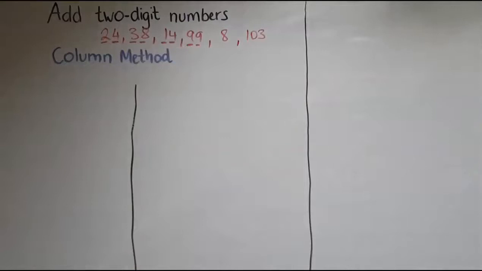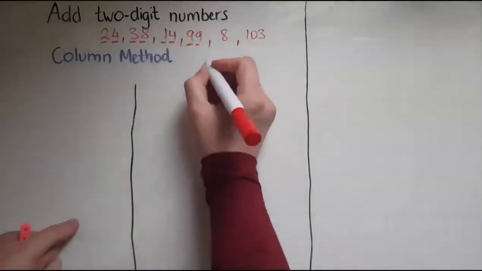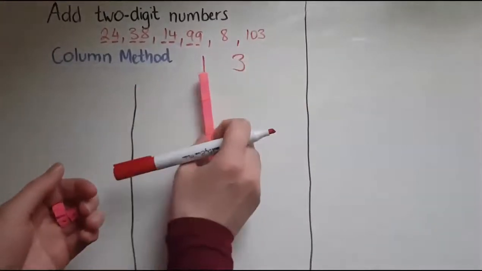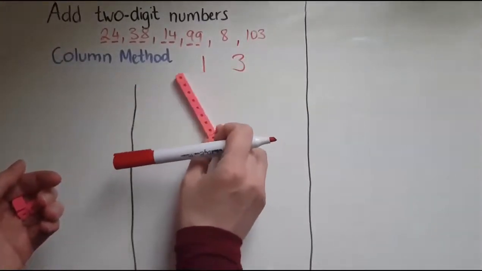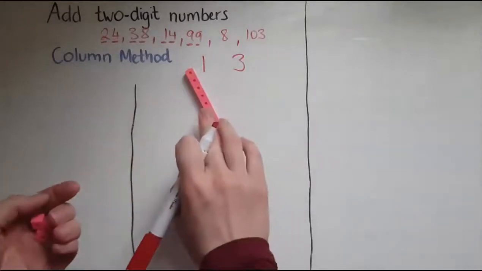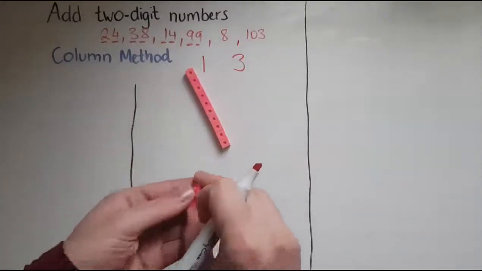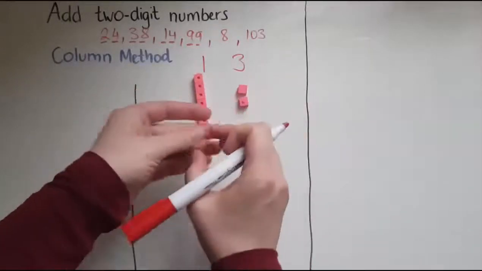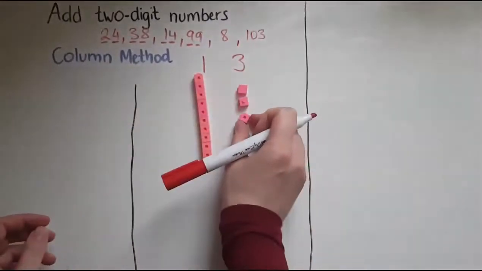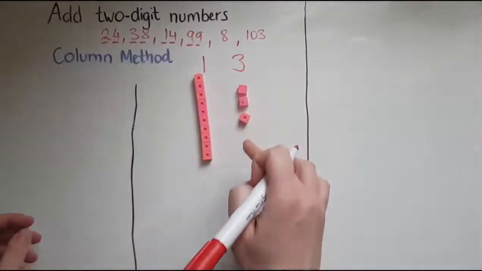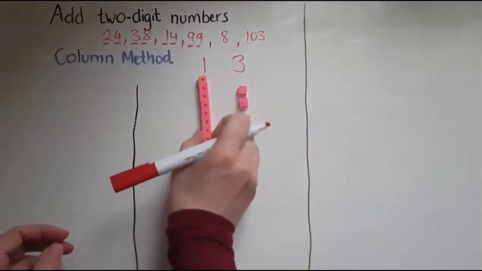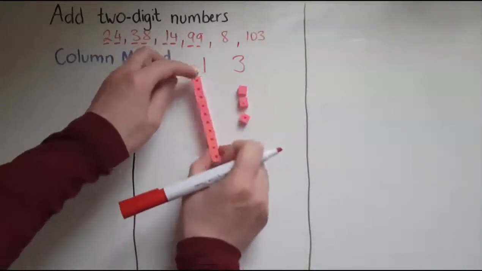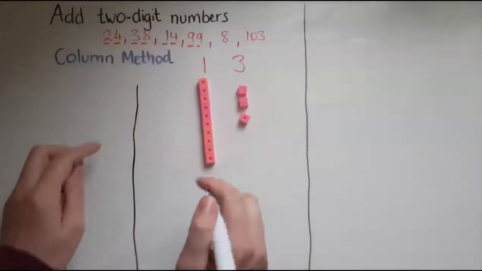I'll add 2 different amounts here. I've got 13, so I've represented it with this, that there is 10 and 3. So there is the 3, the single cubes, and 10, which is represented through this 1, meaning 1 block of 10.